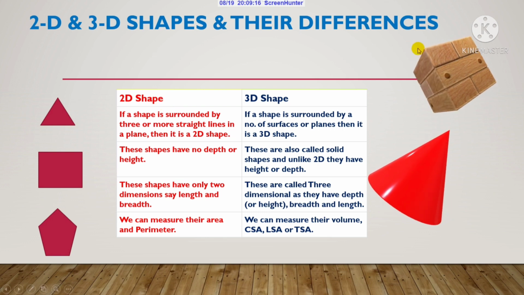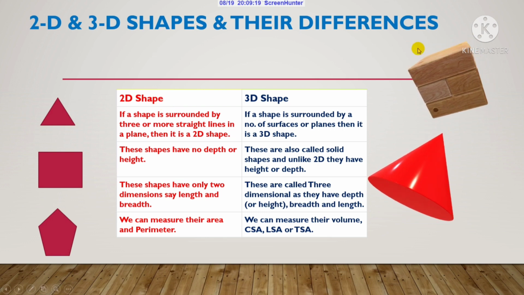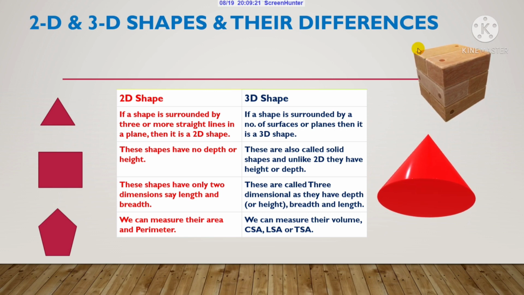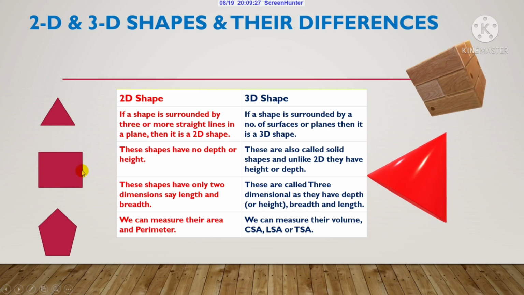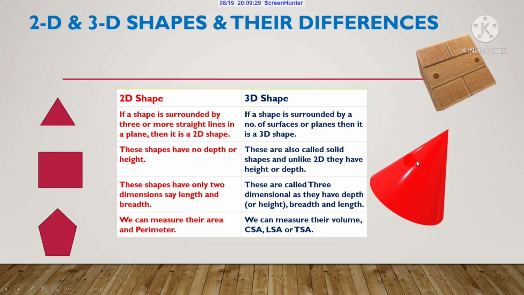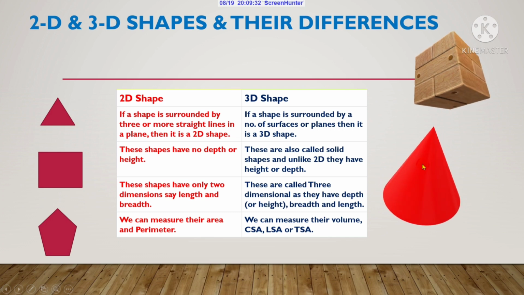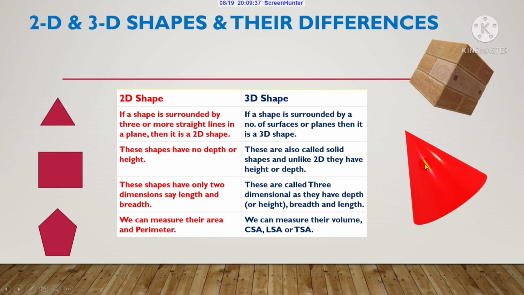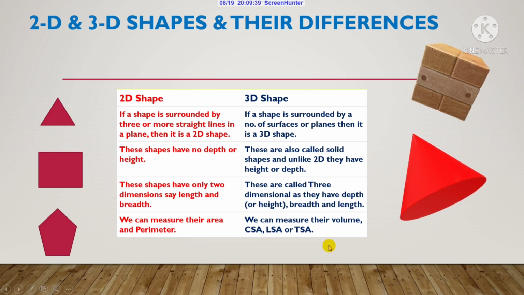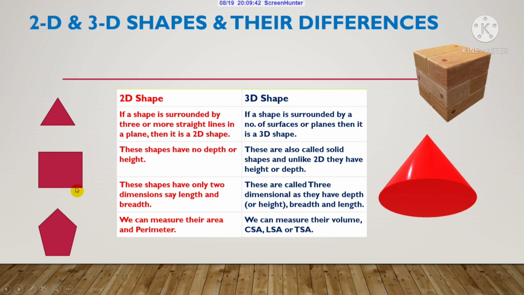A 3D shape is surrounded by a number of surfaces or planes. 2D shapes have no depth or height. 3D shapes, unlike 2D, have height and depth. 2D shapes have only two dimensions, length and breadth. 3D shapes have height, breadth and length.